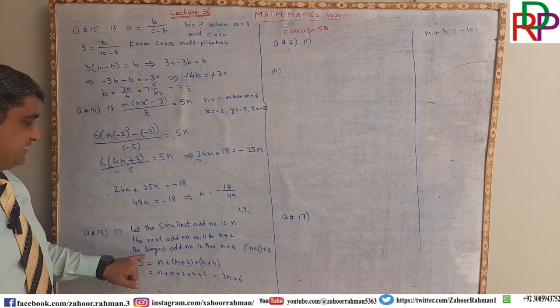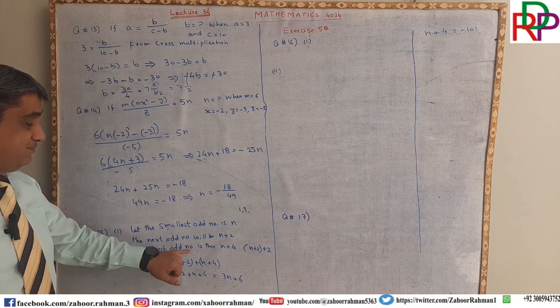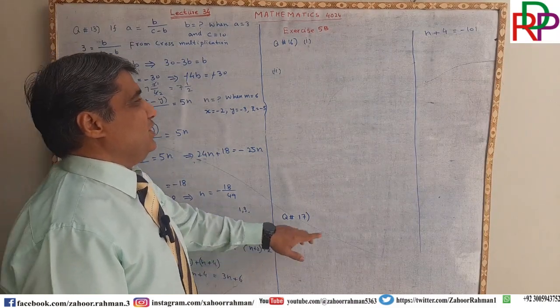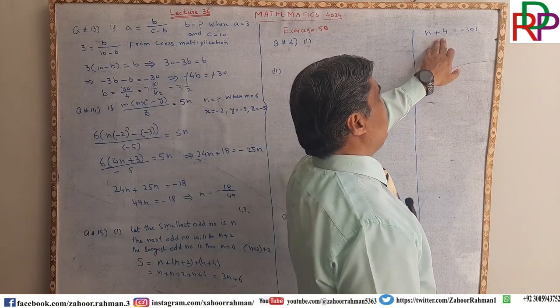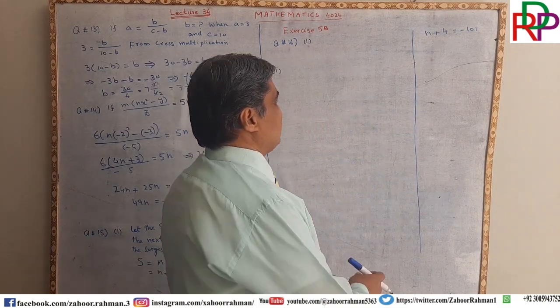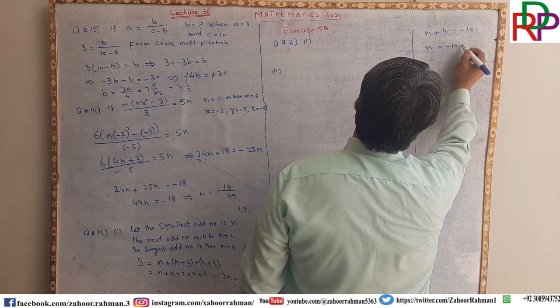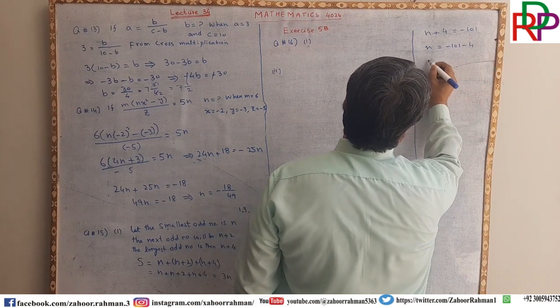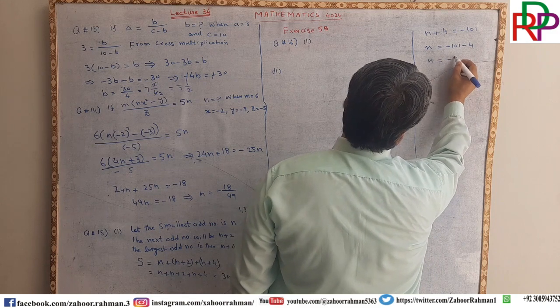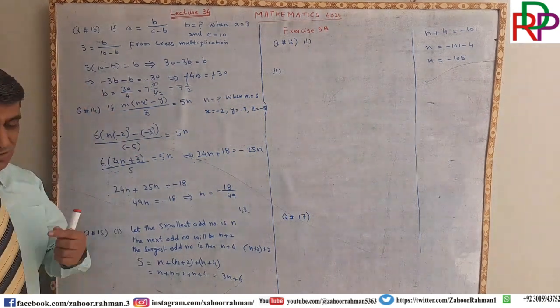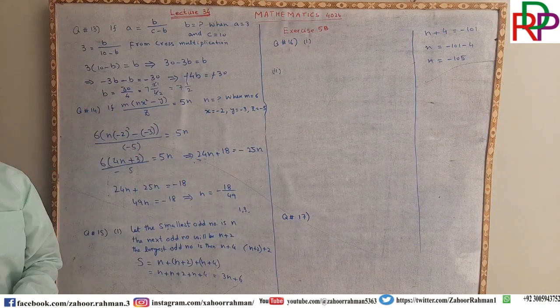Because we said the largest, the greatest odd number in the sequence is n plus 4. So here we are also saying n plus 4 is equal to minus 101, because they gave it to us. Now n is equal to minus 101 minus 4. So n is equal to minus 105.